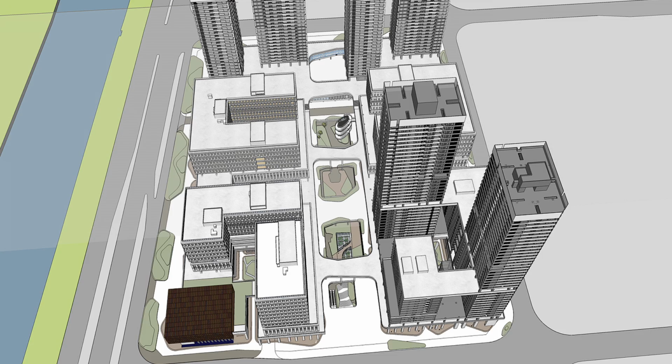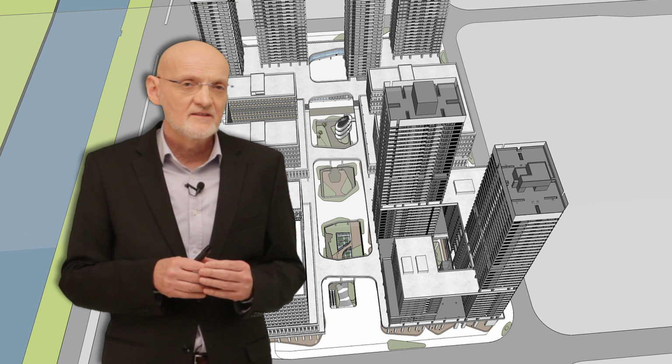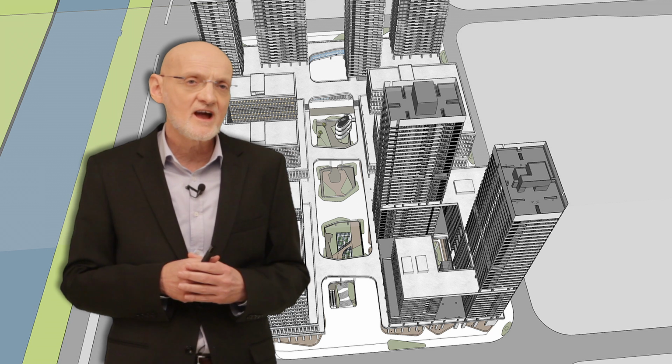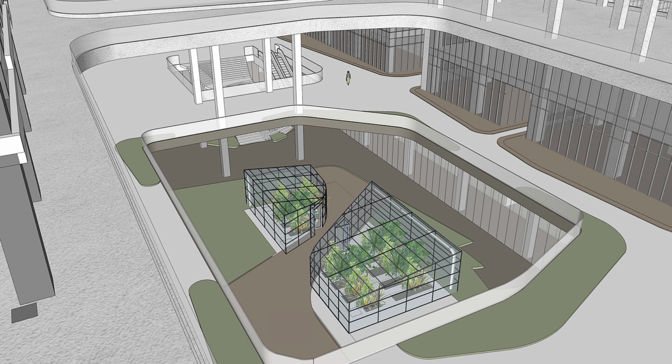Or this is a development in the middle of a large city. It's actually in Shenzhen, China, where in a city block, as you can see, there are residential towers, office towers, and in the middle of the development, there is a multi-level, semi-open mall with all the fancy stores left and right.